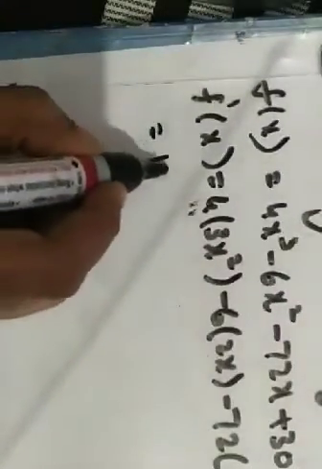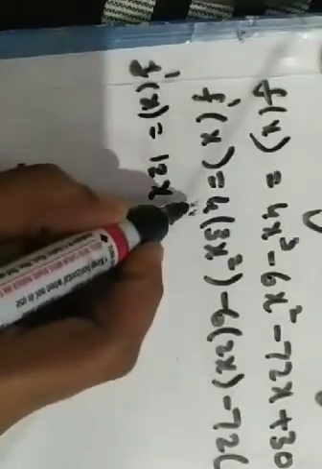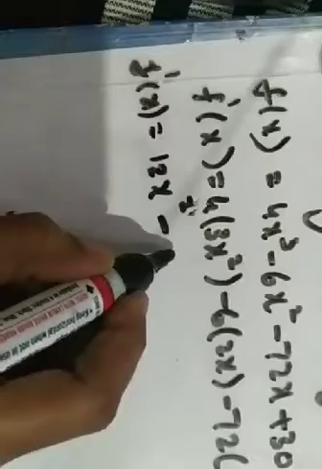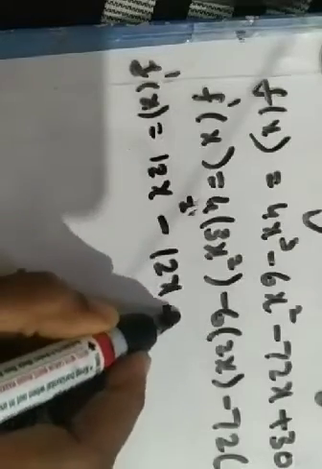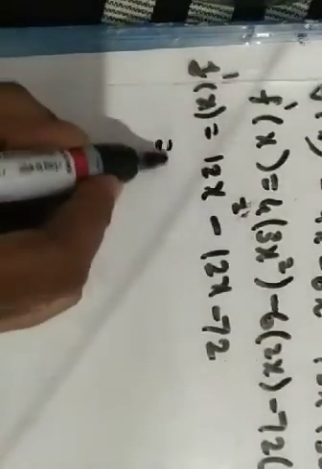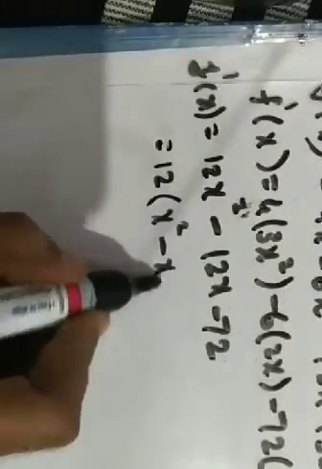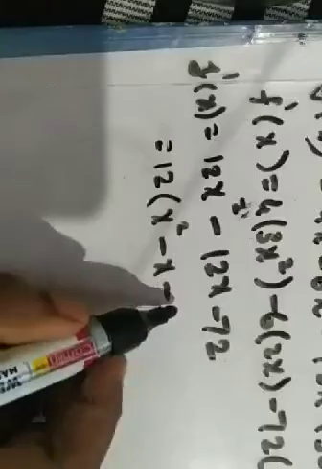Which is equal to f dash of x is equal to 12x square minus 12x minus 72. Let us take 12 as common. So it will be x square minus x minus 6.